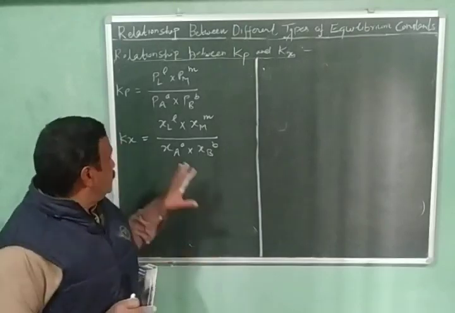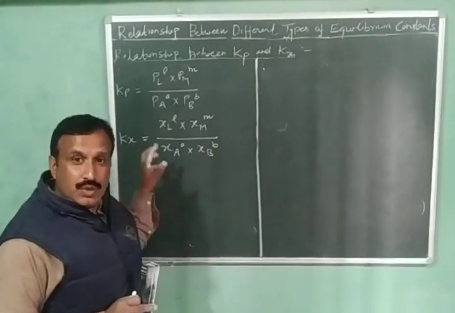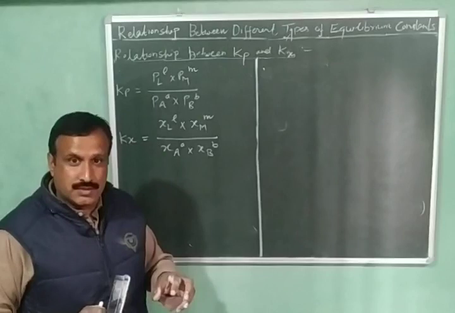Understood? So this is the Kx, that is the equilibrium constant in terms of mole fractions.